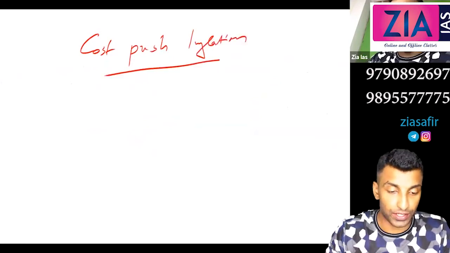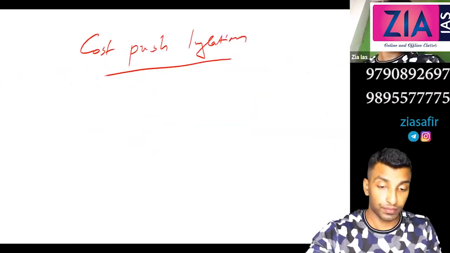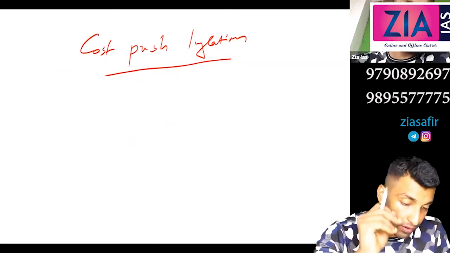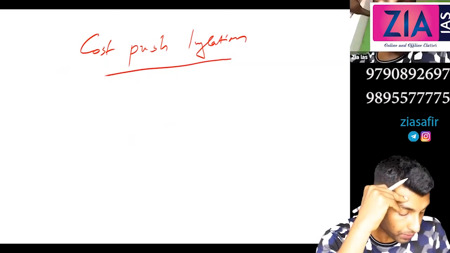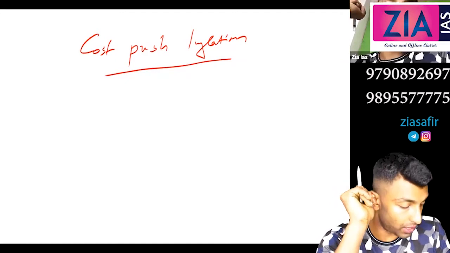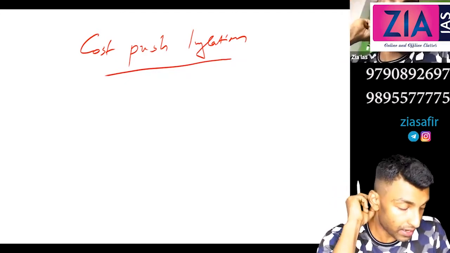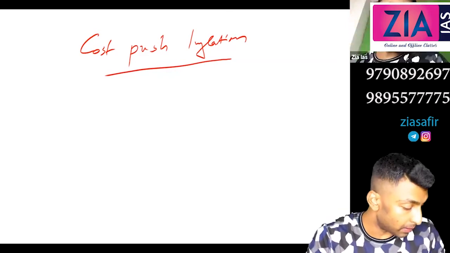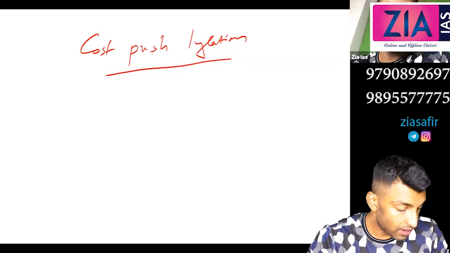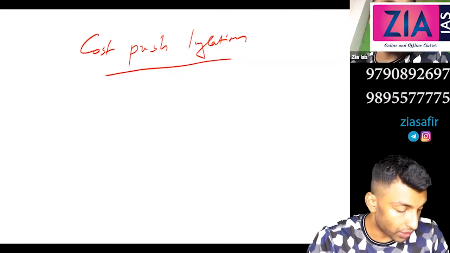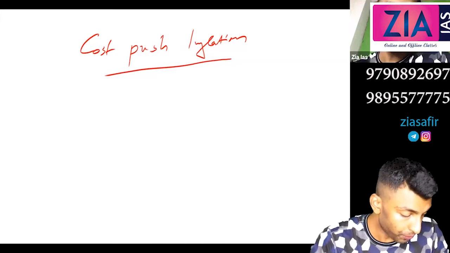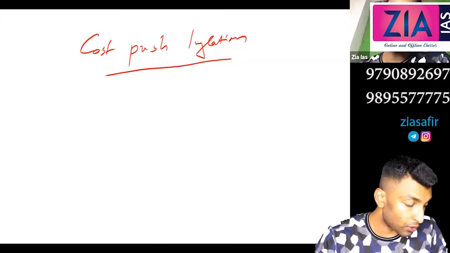Cost push inflation. You write one line there. It is caused due to reduction in aggregate supply, which is usually caused due to increase in cost of production.